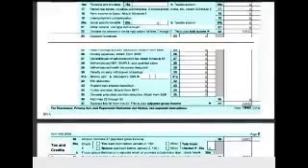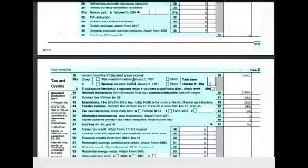So this line 38, you're going to find your adjusted gross income.